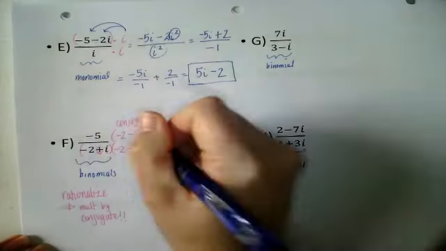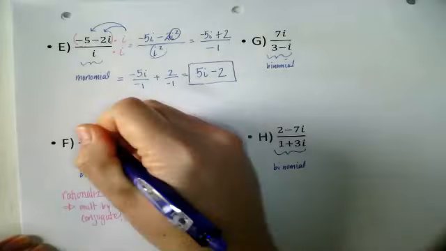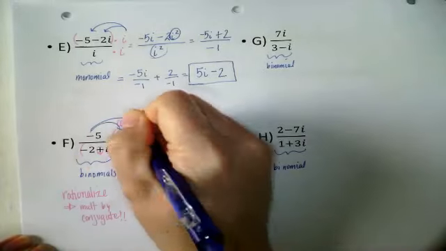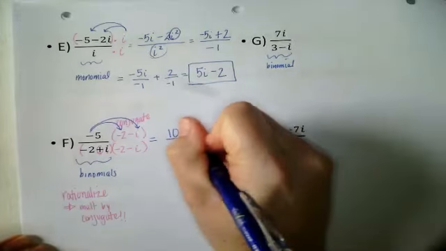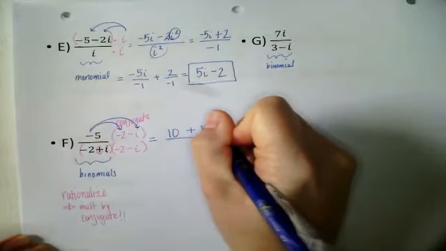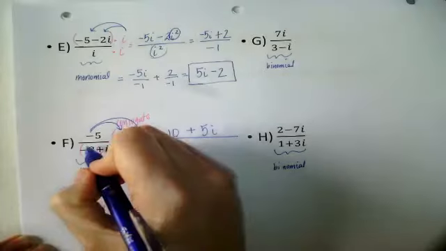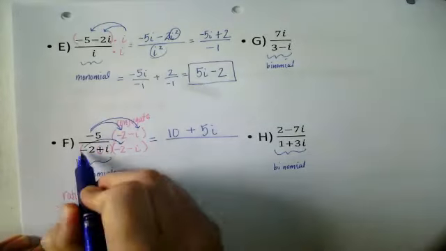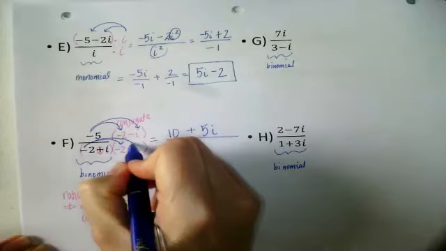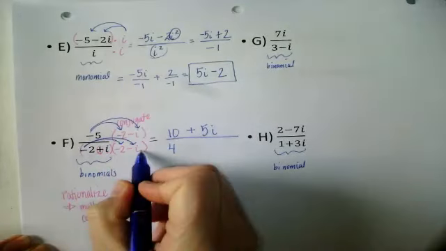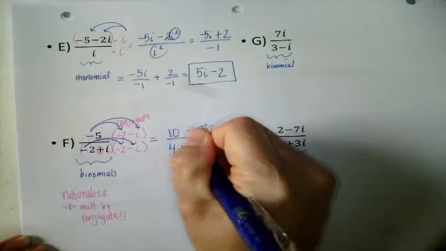Now we can distribute. So negative 5 times negative 2 is positive 10. Negative 5 times negative I is positive 5I. In the denominator, negative 2 times negative 2 is positive 4. The outside, negative 2 times negative I is positive 2I.